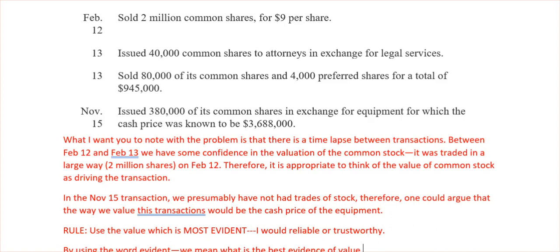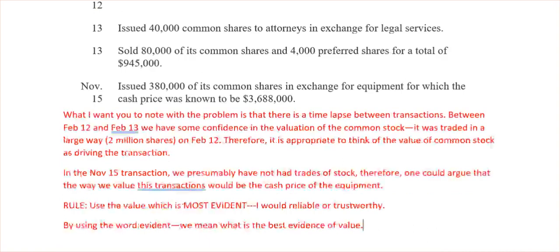So we probably don't have an active market. If we don't have an active market for the stock, then you're going to use the value of the other thing. And the other thing is the equipment which we are getting in. And this apparently has a market, and we know the price or the value of that to be roughly 3.7 million. So in the transactions, having described these, let's look at our journal entries.